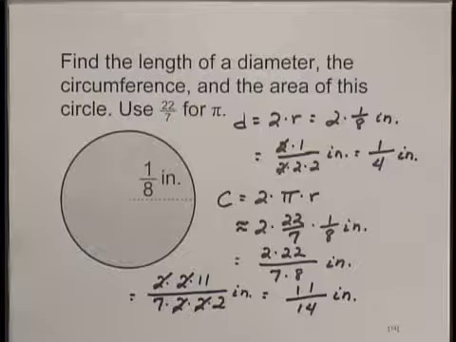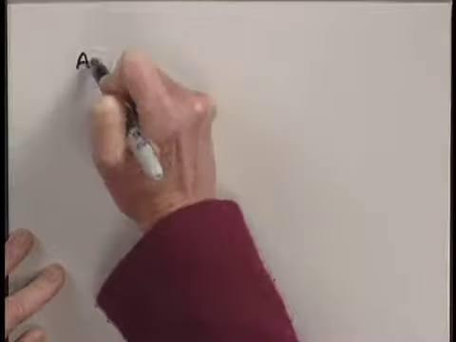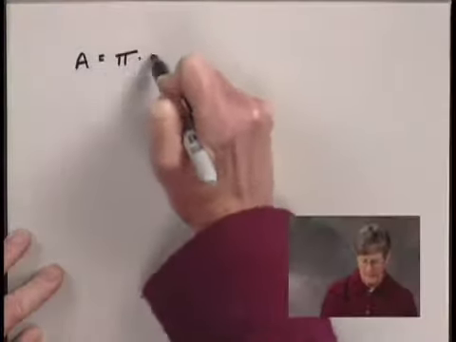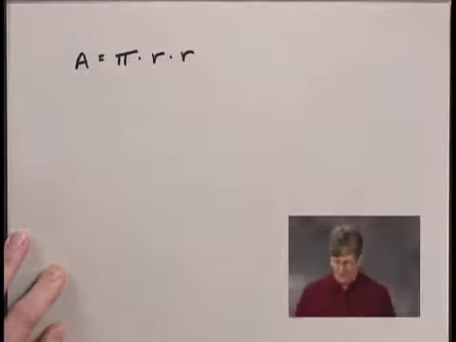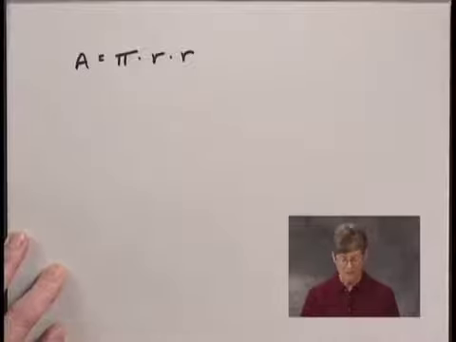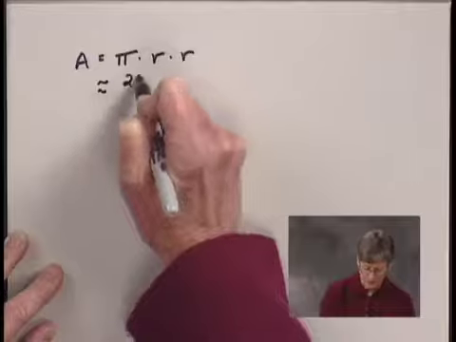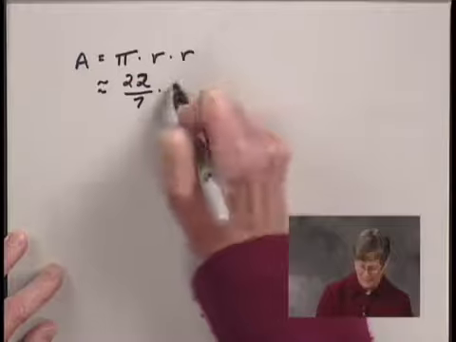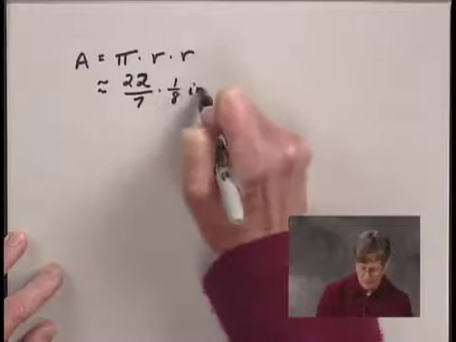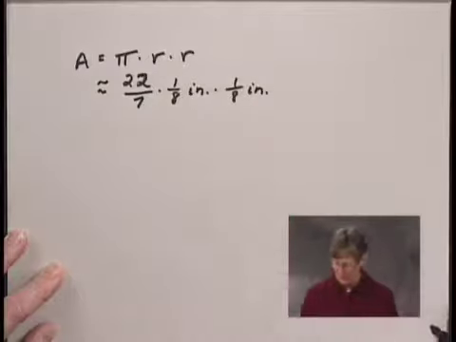And finally, we want to find the area of the circle. And we know that the area of a circle is equal to pi times the length of a radius times the length of a radius. And we're going to use 22/7 again as an approximation for pi, so I can say that the area is approximately equal to 22 over 7 times the length of a radius, which remember is 1/8 inch, times the length of the radius again, another 1/8 inch.